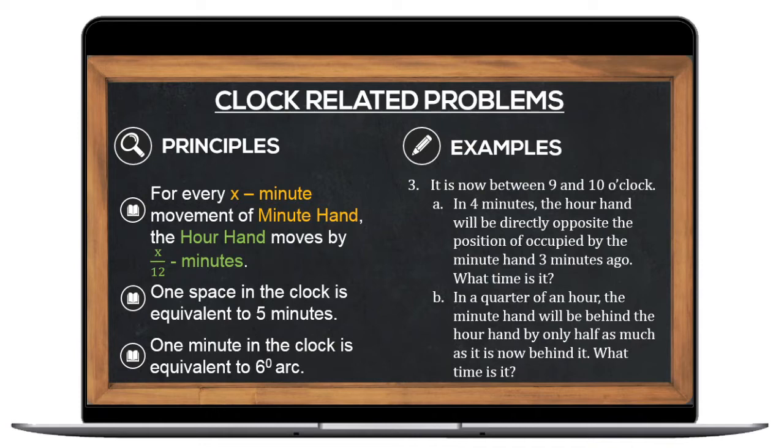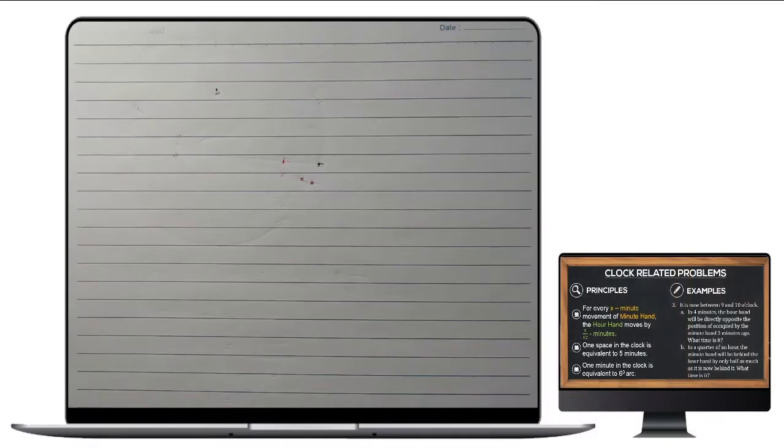Okay, so let's proceed. Again, in a quarter of an hour, the minute hand will be behind the hour hand by only half as much as it is now behind it. What time is it? Again, considering the time to be between 9 and 10 o'clock. First things first, let's draw the clock.